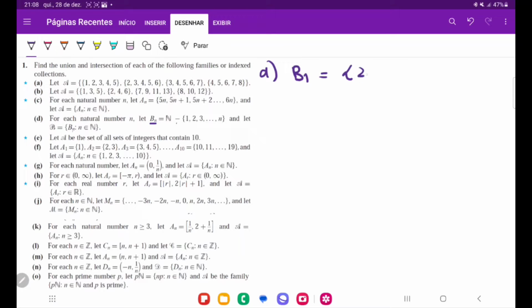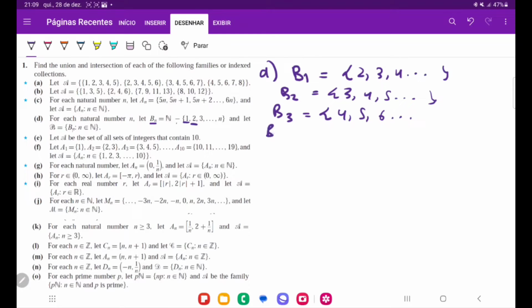So we're going to begin at 2, 3, 4, and so on, right? B2, instead of beginning at 2, excludes 1 and 2. So we're going to begin at 3, 4, 5. B3 excludes 1, 2, and 3, so it's going to begin at 4, 5, 6. B4 excludes 1 through 4, so it begins at 5, 6, 7, and so on, right?